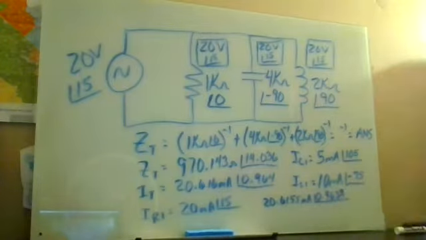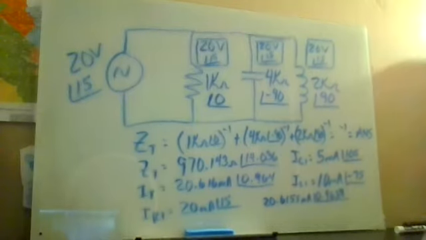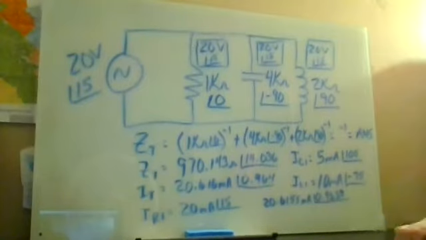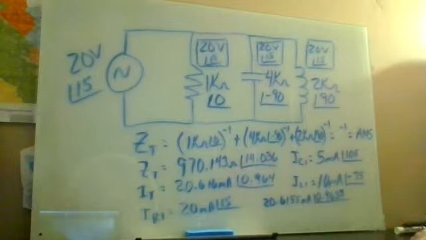If I rounded that to 3 decimal places, I got 20.616 milliamps at an angle of 0.964. That's how I checked myself. Same way I did in series when I added up the voltages to make sure they equal my E total, here I'm going to add up my currents to make sure that it equals I total.